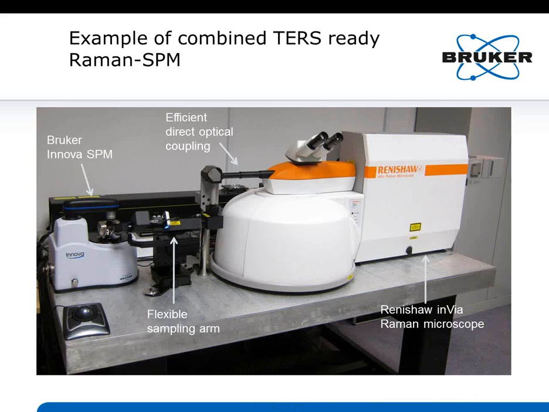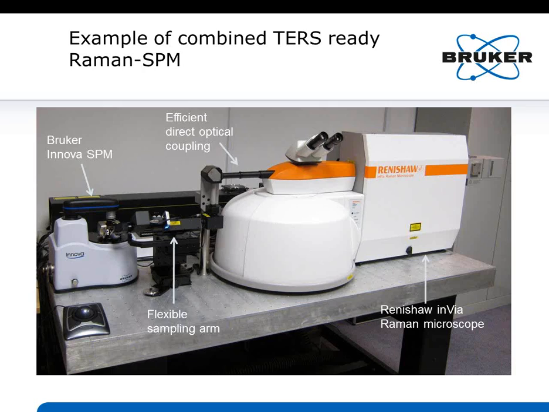So how would a commercial instrument look like that does TERS in reflection mode? One of the examples I've shown here. What we see on the left side is the Bruker Innova SPM. What we see on the right side is a Renishaw inVia Raman microscope.